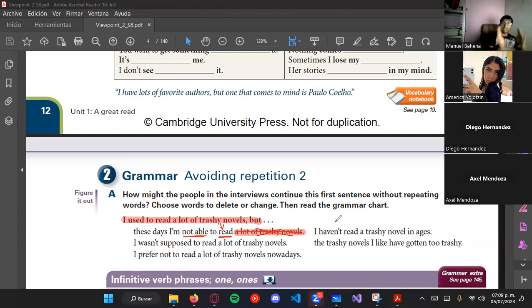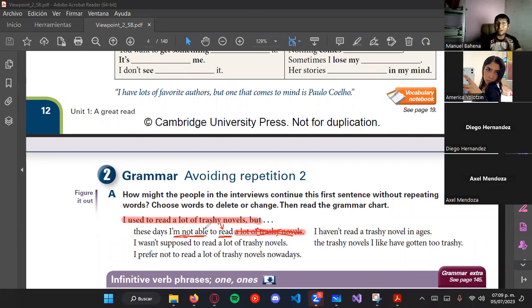Because as you said it, it's like, I don't see the point of it. It's like, I don't care about it. I don't see the importance of reading. But this person says that he likes it, okay? He likes trashy novels, but now he or she is just not able to do it. Maybe he or she doesn't have the time, right?